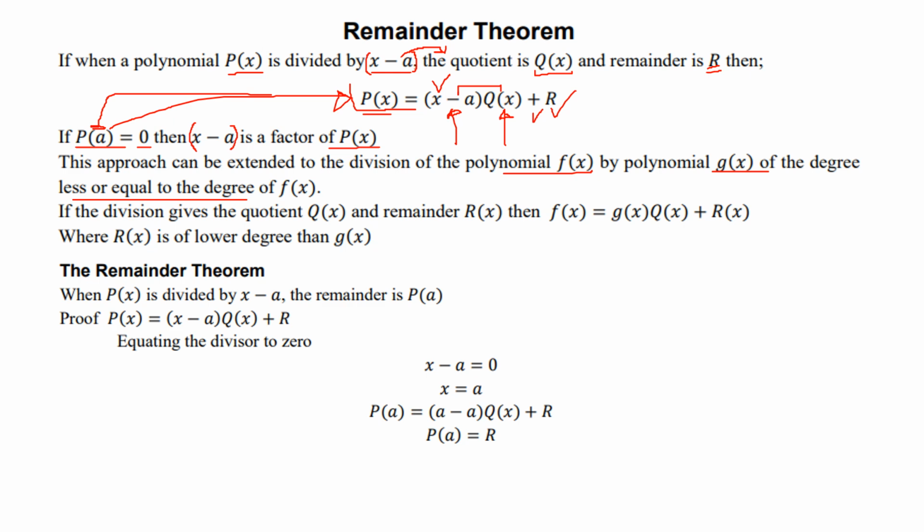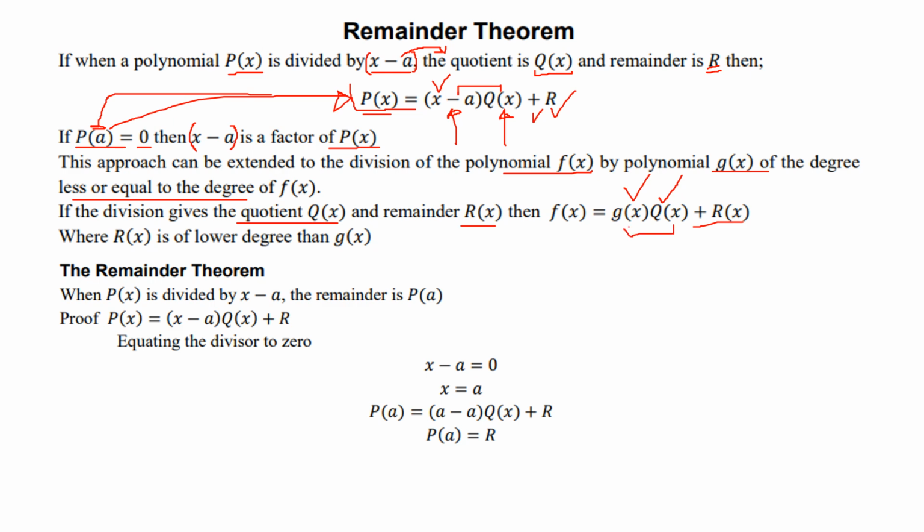If the division gives the quotient, and notice that our quotient is going to be the value above the root, the quotient q of x and the remainder denoted by r of x, then our polynomial f of x will be given by the divisor, and I've told you d of x is always the divisor, multiplied by the quotient q of x, and then for the remainder we just add it to the product.